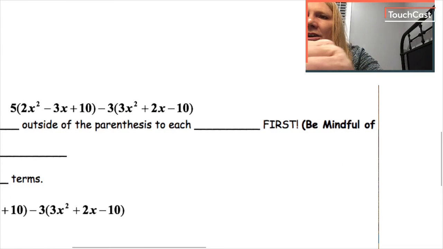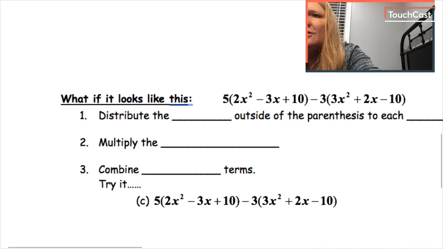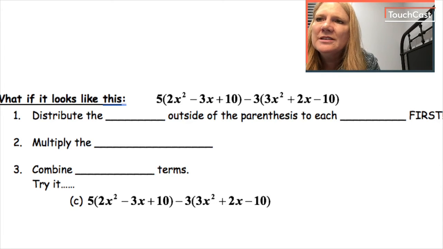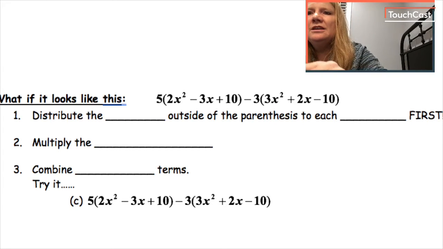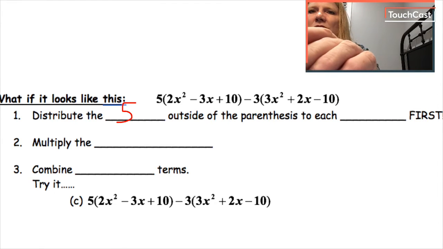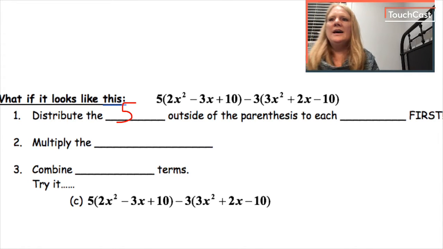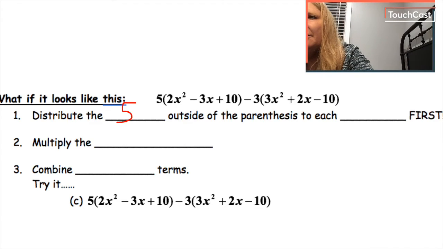Okay, so here is what it looks like when we first have to distribute outside the parenthesis. So we're going to distribute the 5 that's outside the parenthesis through each of the terms in the first parenthesis, and then we're going to distribute the 3, and combine like terms.